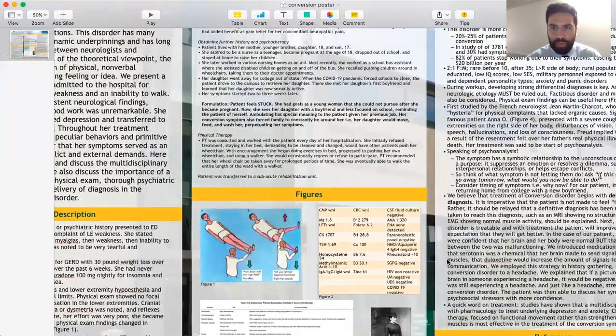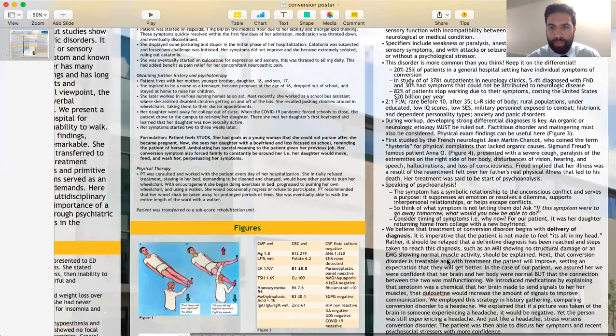And speaking of the psychoanalytic approach, always keep in mind that in conversion disorder, the symptom has a symbolic relationship to the unconscious conflict, and with thorough history gathering, you can attempt to uncover that conflict.